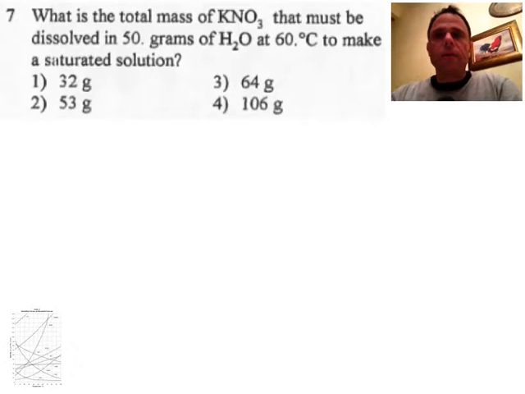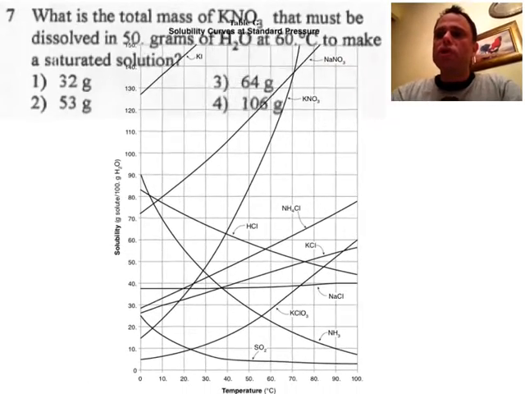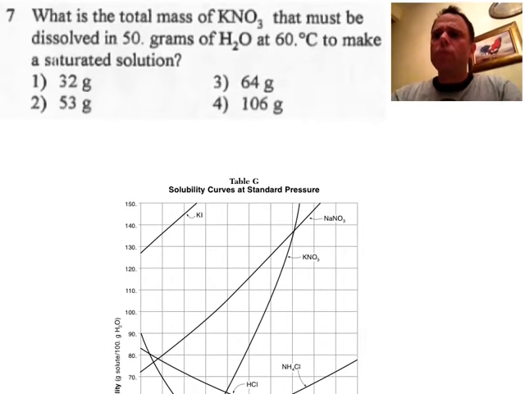Question number 7. What is the total mass of KNO3 that must be dissolved in 50 grams of water at 60 degrees Celsius to make a saturated solution? Now for this one, we need to inspect table G. And which line were we looking at?